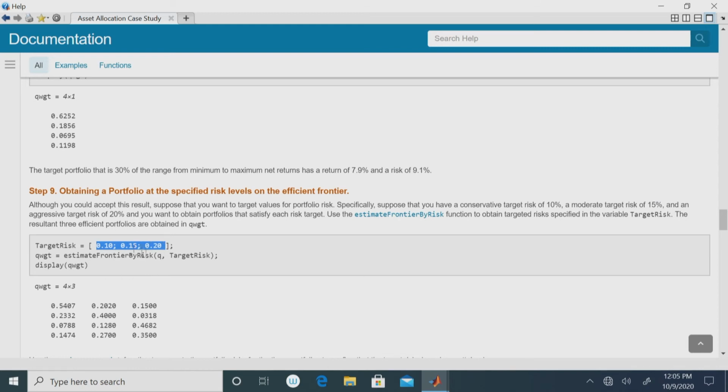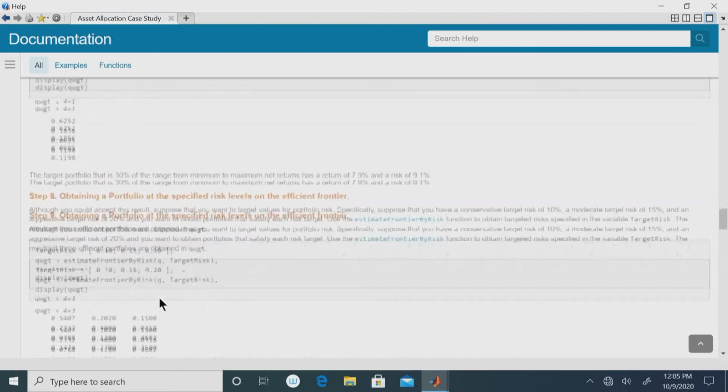So again, this offers you flexibility. Once you have set the target risk, you can determine the corresponding weights by estimating the efficient frontier by risk.